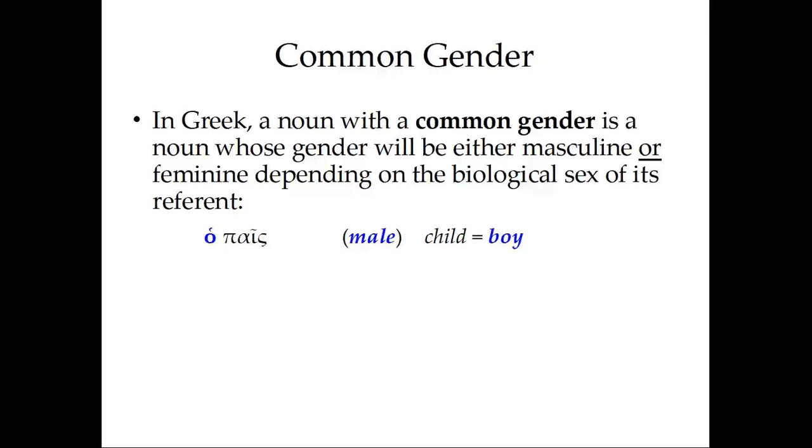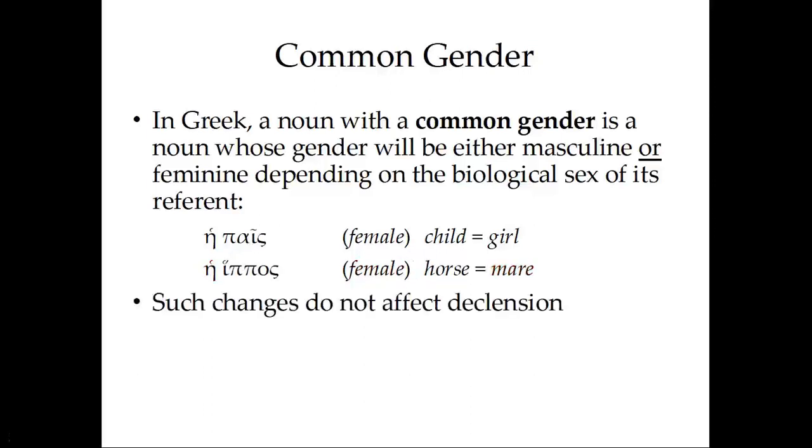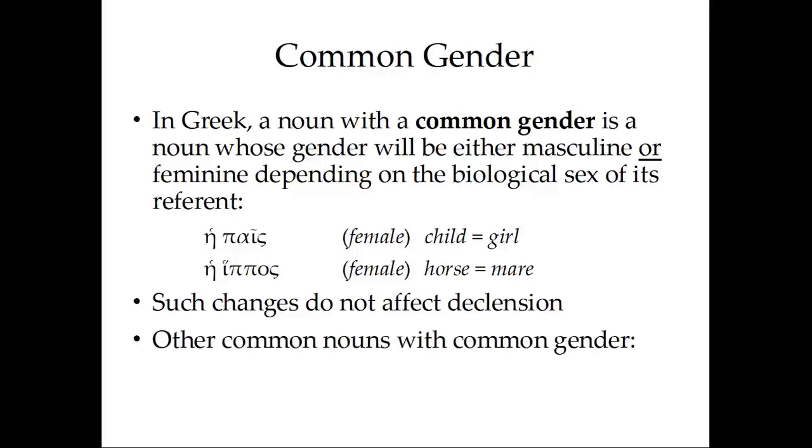This would be a boy, whereas he pais would be a female child, that is, a girl. In the same way, ho hippos would be a male horse, that is, a stallion, and he hippos would be a female horse, that is, a mare. Such changes do not affect declension. So the definite article is going to change form, but the endings are going to stay the same.